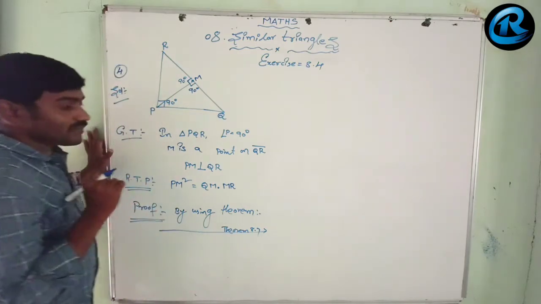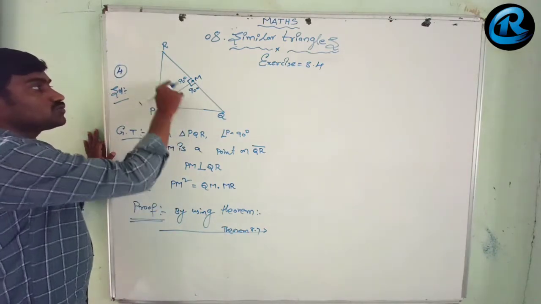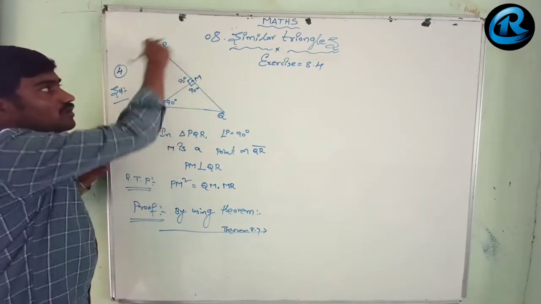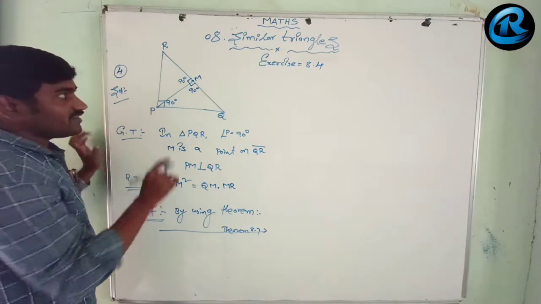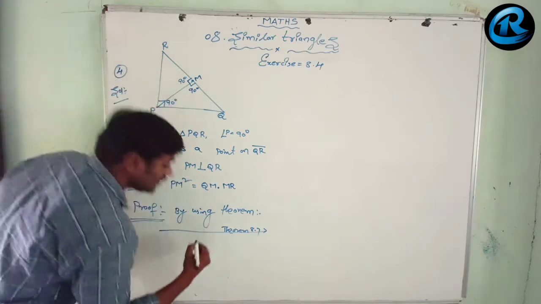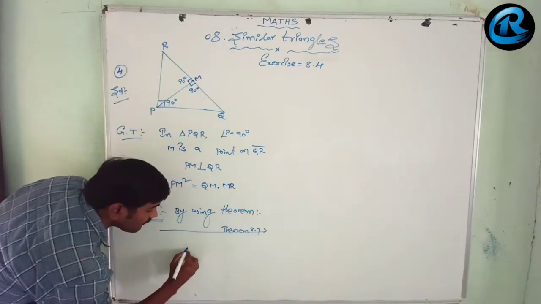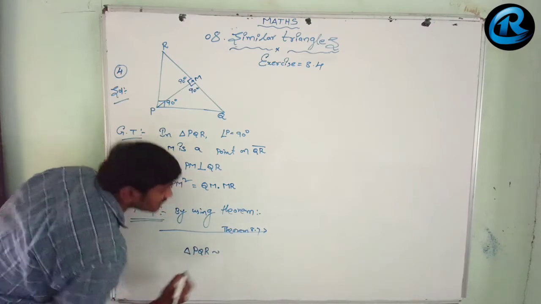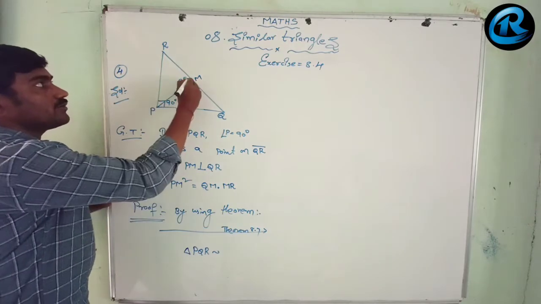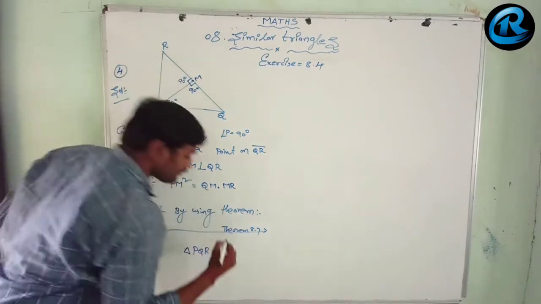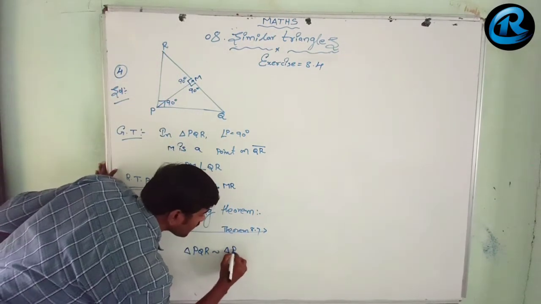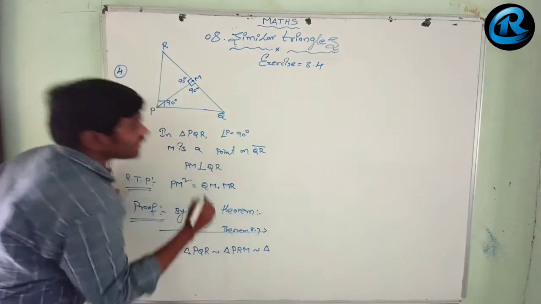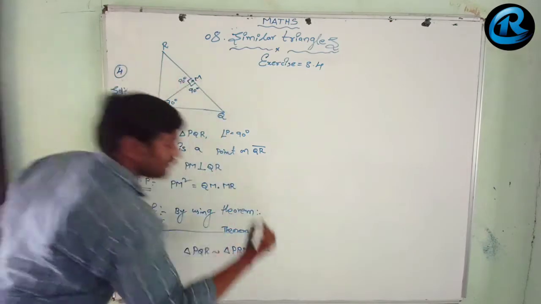So we can write now from that condition. These two triangles are similar to each other and these two triangles are similar to the whole triangle PQR also. But we will take these two triangles, similar first. By the condition we can write the triangle PQR is similar to triangle PRM, which is similar to the triangle PQM.